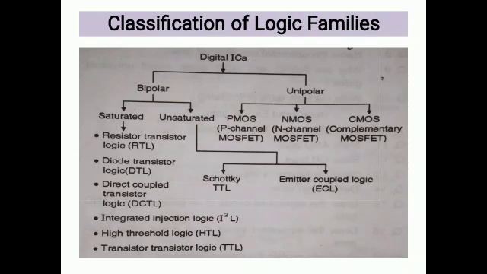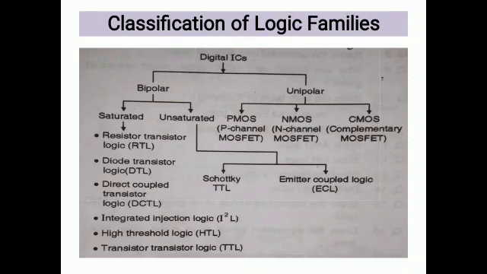In saturated there are different types, like RTL, which means here the resistor and transistor are used, so resistor transistor logic. DTL, diode and transistor are used. HTL, high threshold logic.